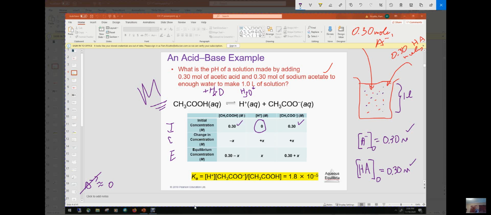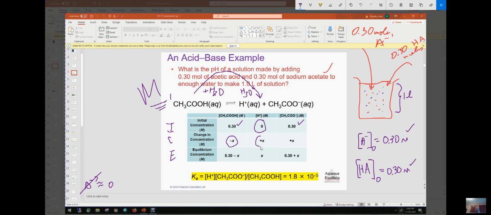Okay, so after I set up my initial line, how do I do the change line? Well, look at the stoichiometry. It has to go from left to right out of the gate. Why? Because I have to fill in the 0. I have to get rid of that 0. So for every 1 molecule of HA that reacts, that amount goes down by X. How much hydronium do you get?